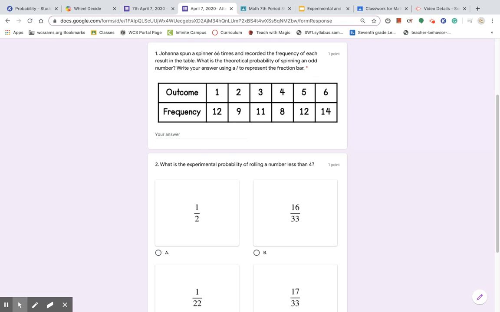Remember, experimental probability is what actually does happen. So it spun 66 times. So you're going to add the frequencies for the numbers that are less than 4, and then you're going to make sure they're written in simplest form. So those are the only 2 questions you guys have for today.